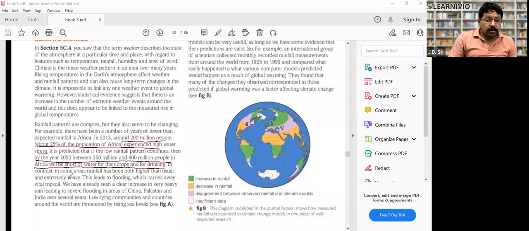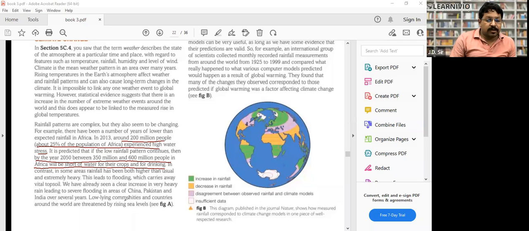In contrast, in some areas, rainfall has been higher than usual, extremely heavy. This leads to flooding, which carries away the vital topsoil. We have already seen a clear increase in very heavy rain leading to severe flooding in areas of China, Pakistan, and India over several years.